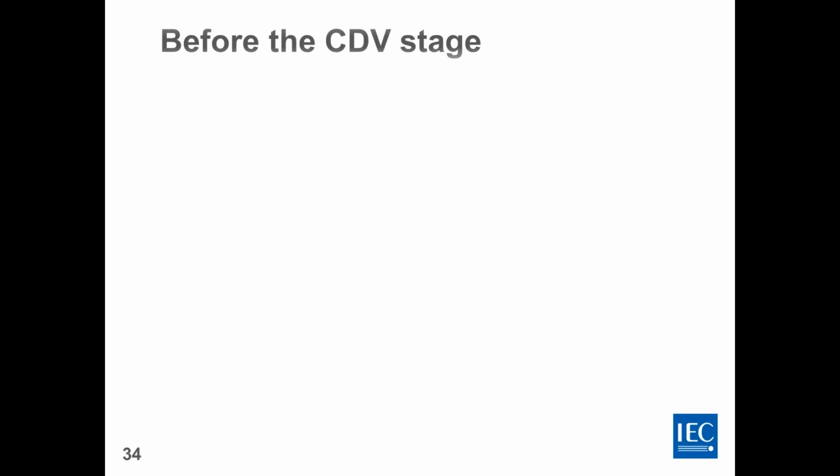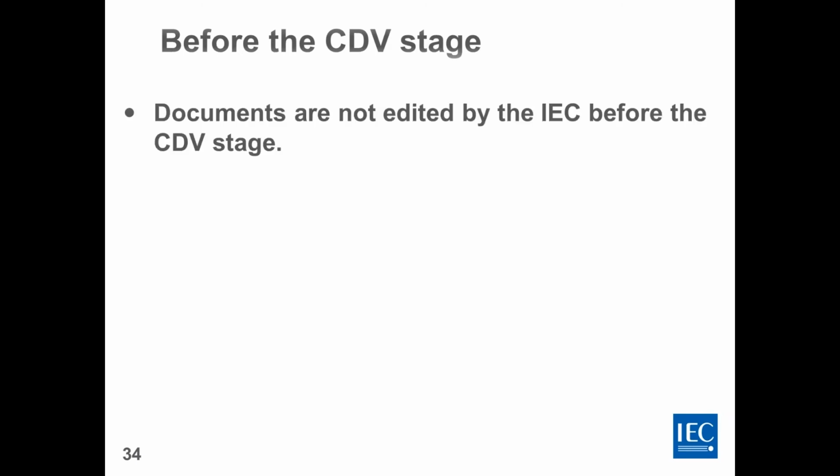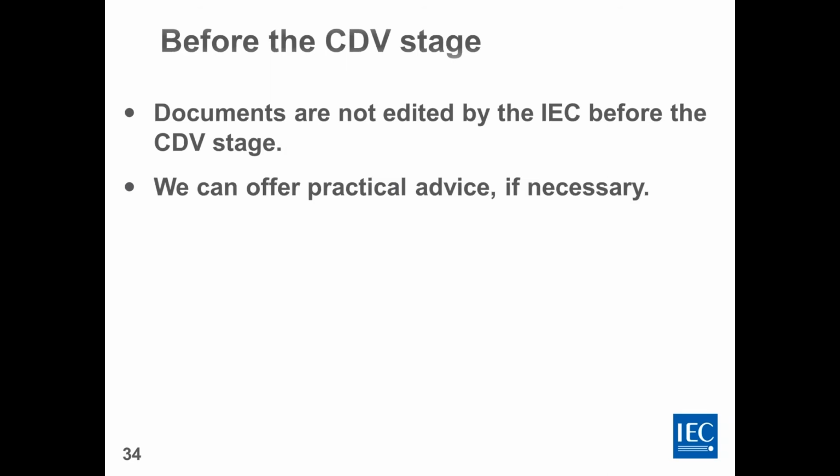So we're happy to provide practical advice on any aspect of a document. If you have a doubt as to what a rule should be or how it should be applied, feel free to contact us. If you're having trouble formatting your document or applying the template, feel free to contact us so that we can offer you practical advice.